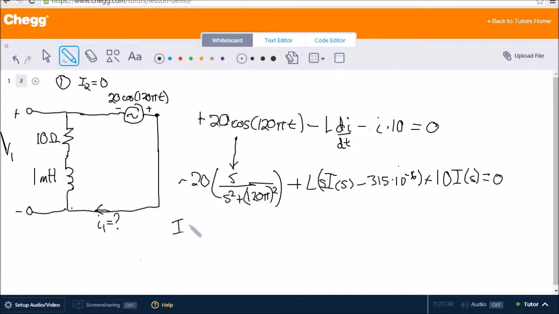So we have I times L s, that's those two, so we know we got rid of that guy. Plus 10 I, or plus 10. I'm just doing algebra right now.